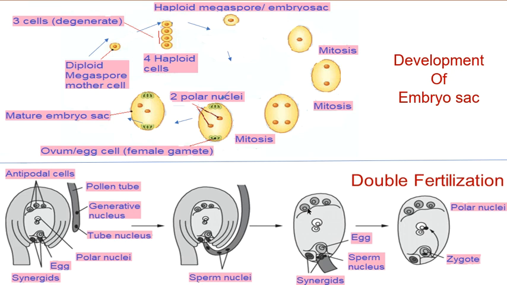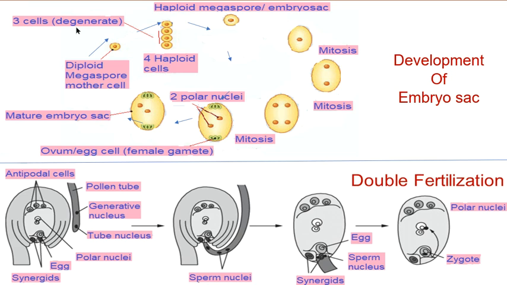Now moving forward, you can see the diagram of the development of the embryo sac, how the embryo sac develops, and this is the diagram of double fertilization. So first of all, we will see the development of the embryo sac. I have shown these diagrams and given this additional information just to enrich you with the knowledge of the whole process.